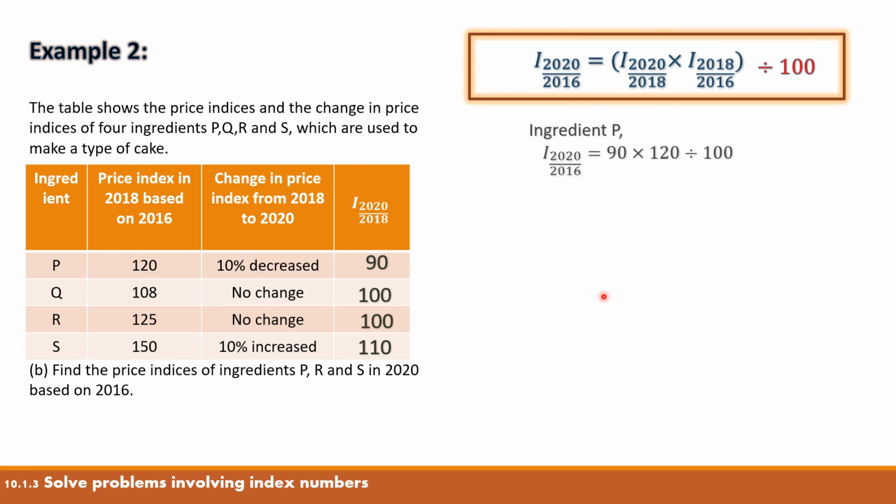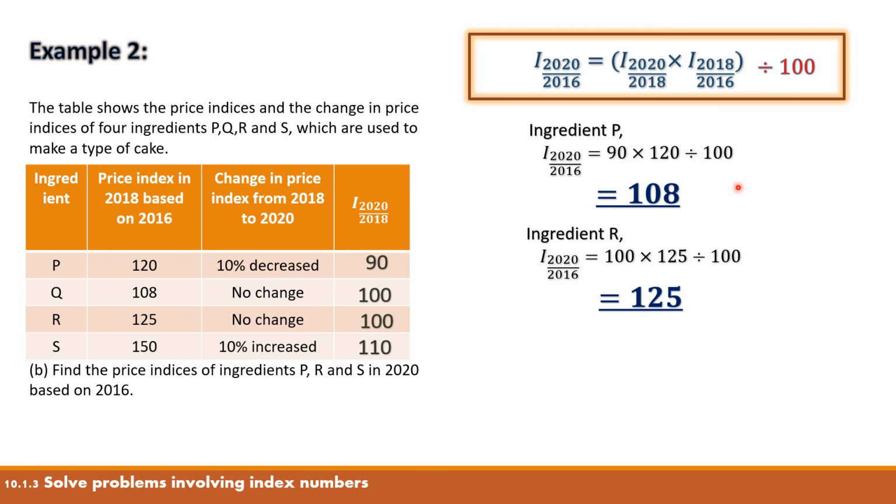If I substitute all the values, for ingredient P, I will have the price index 90, which is the price index for year 2020 based on 2018, multiplied by 120, which is the price index 2018 based on 2016, and divided by 100, and therefore I will get 108.